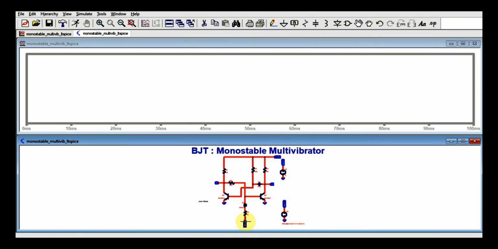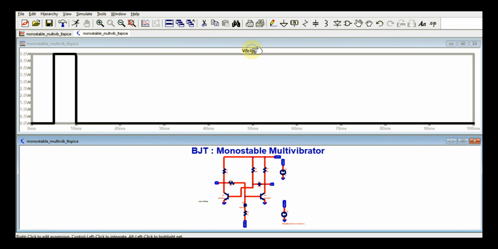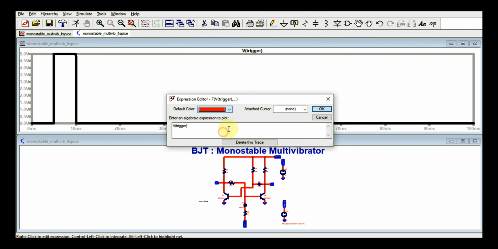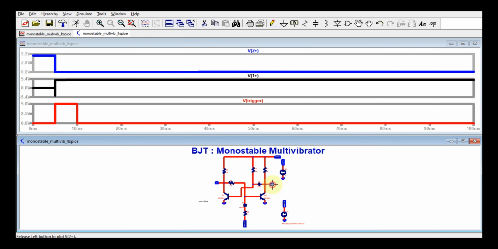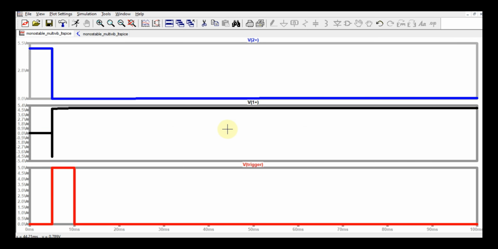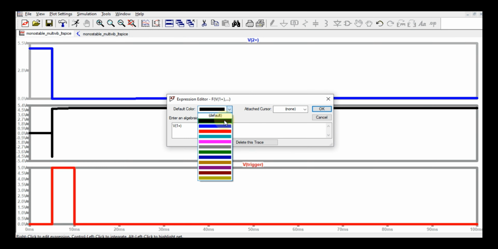Let me show you your trigger pulse here. So this is the trigger pulse. You may change the color for your trigger pulse. And if I divide this into 3 plot panes, right? This is the voltage at one point, and this is the voltage at the second point. Let me change the color, maybe some other color.